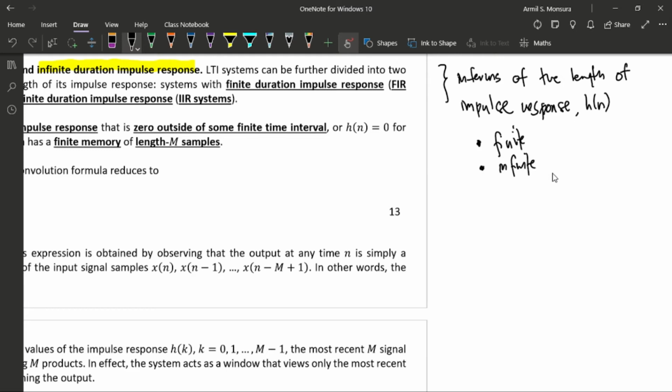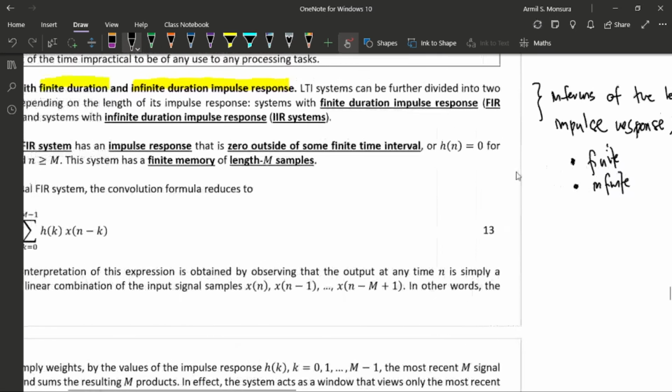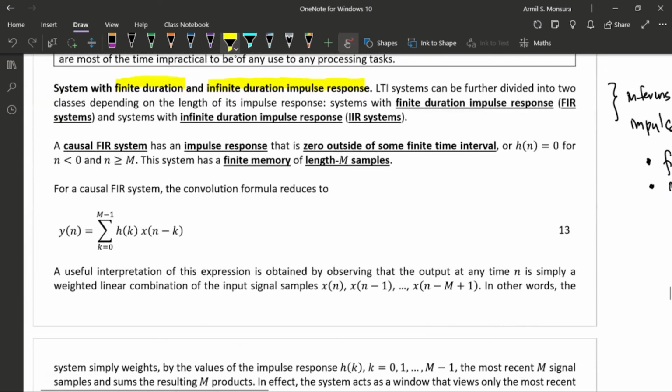Okay, and formally, we call systems having finite duration impulse response as FIR systems. Finite impulse response yung FIR. And we call systems having infinite duration impulse response as IIR systems.